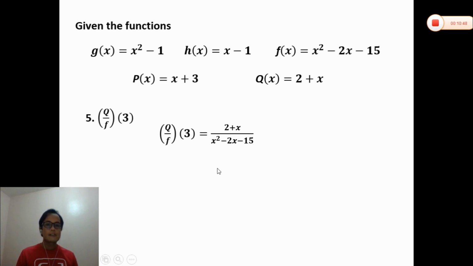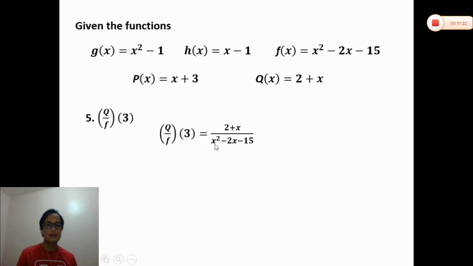Since the factors of x squared minus 2x minus 15 are x minus 5 times x plus 3, we have no common factor in the numerator. There is no reason to factor out this trinomial x squared minus 2x minus 15 because there are no common factors in the numerator.